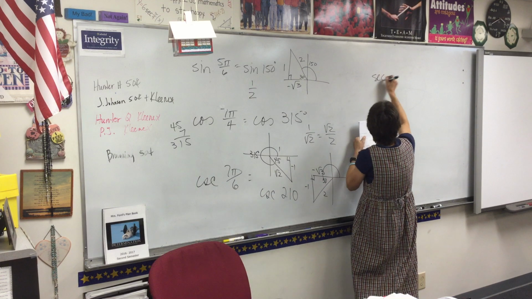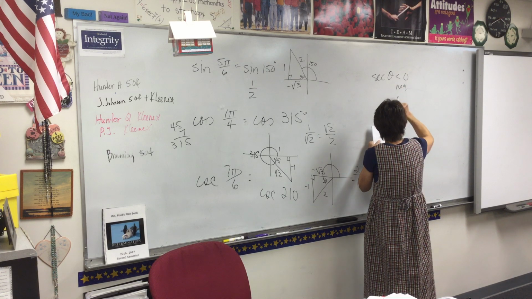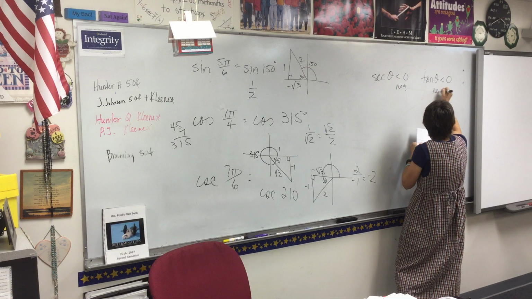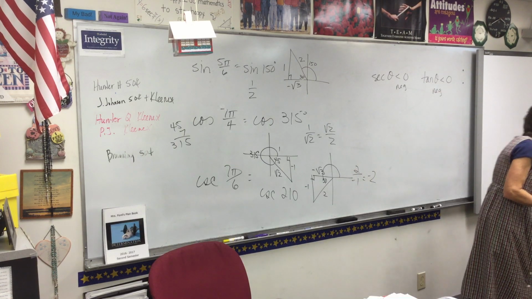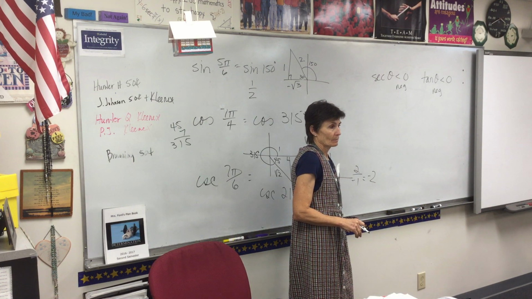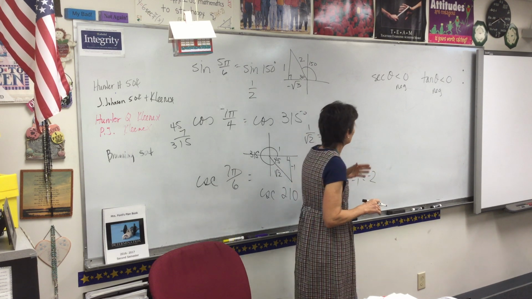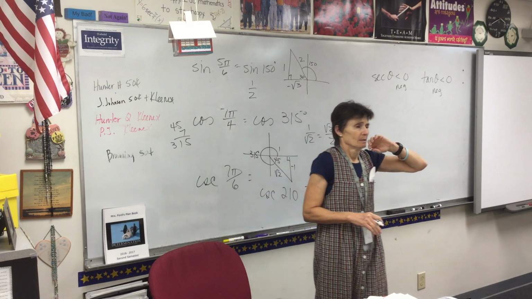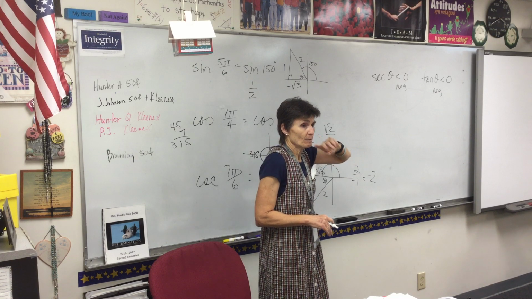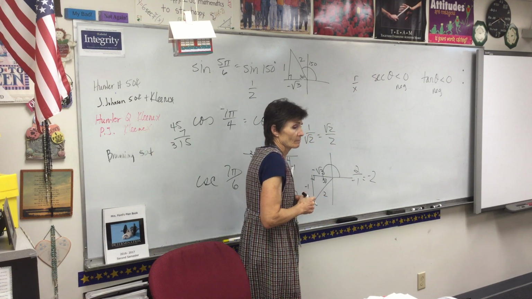Oh, okay. Where is the secant negative? Remember, less than 0 means negative, and the tangent is negative. Okay, so let's just pause for a second. What's secant? It's the reciprocal of cosine, so it would be r over x, right?